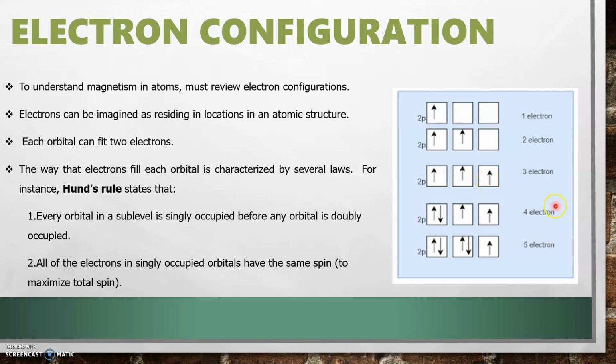Now, when the fourth electron comes in, it will change its spin, go into the opposite spin and enter the 2px orbital. Again, when there is a fifth electron, it will further occupy the 2py orbital, and as such there is the electron configuration of all atoms.